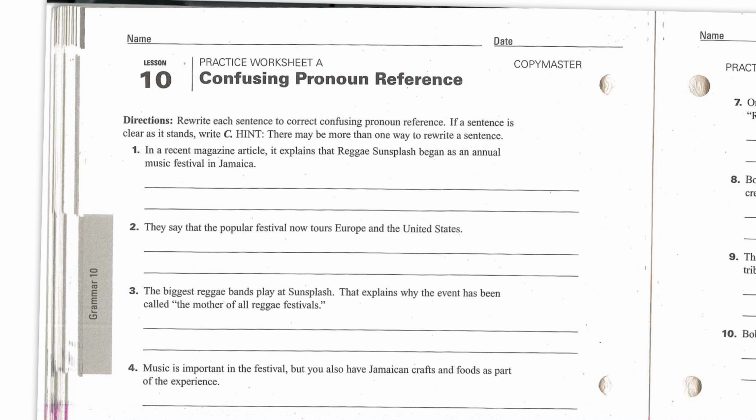Okay, so we're looking at some examples of confusing pronoun reference work. So we're going to rewrite the sentence to correct any confusing pronoun reference. If a sentence is clear as it stands, then write C. There may be more than one way to rewrite the sentence, though. Okay, so number 1.